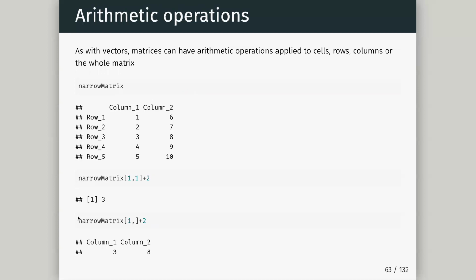I can also extract one particular value, the first row, first column, and add 2 to it, 3. Or I can extract the first row entirely, because it's before the comma, that would be 1, 6, +2 to that, 3, 8.